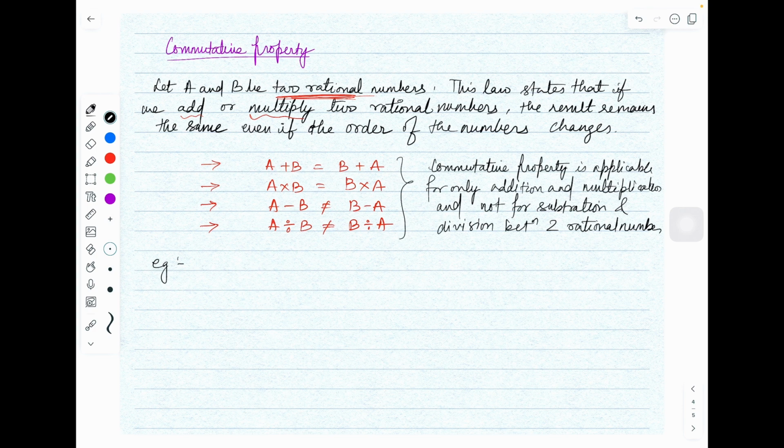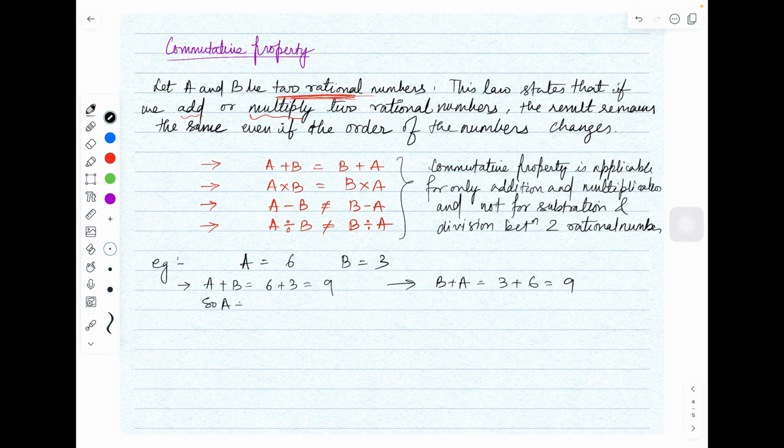Example: a equals 6, b equals 3. Understood? For first, a plus b equals 6 plus 3 equals 9. Second is b plus a equals 3 plus 6 equals 9.